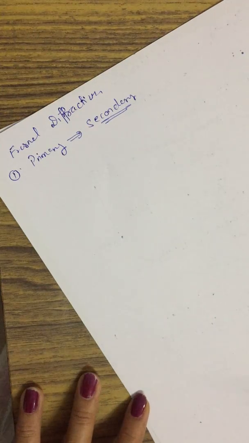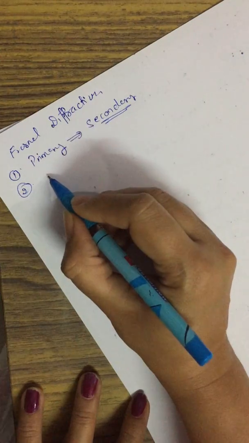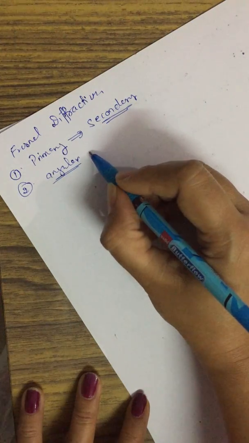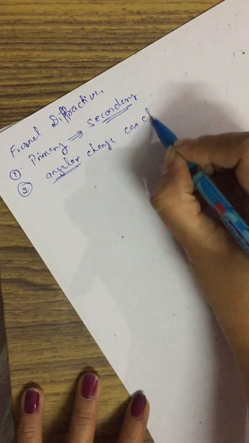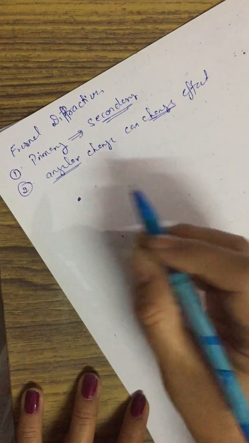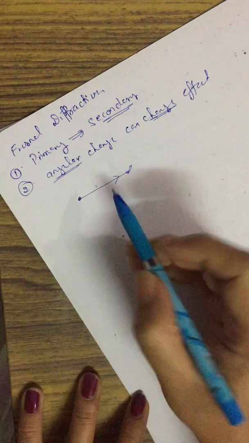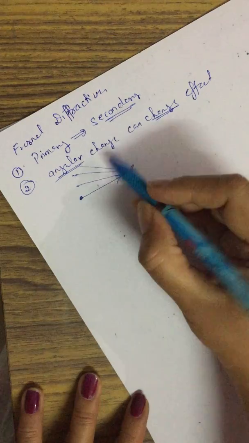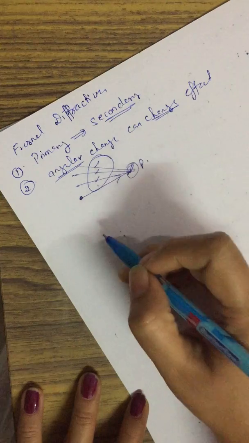And the second assumption is that the angular change can change the effect. It means if the light is coming straight, it will give maximum brightness, and if the light is coming with some inclined angle, the brightness and the effect will change at a given point.